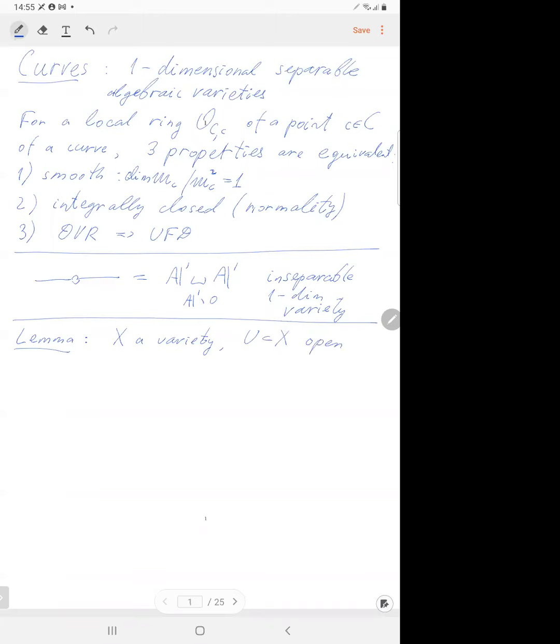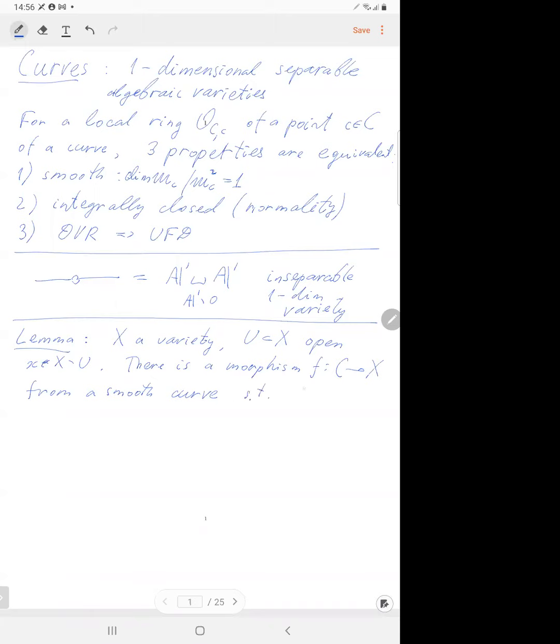There is a point also, and somehow you should imagine that this point is in the boundary, in the complement to U. And then the claim is that there is a morphism F from a smooth curve to X such that it does not miss altogether this open set.